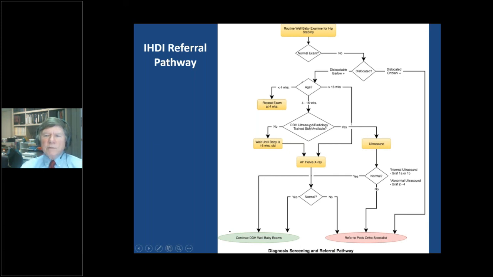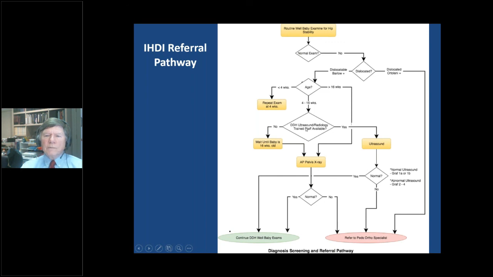So 4 to 16 weeks, an unstable hip, you get an ultrasound over here. If the ultrasound's normal, then yes, normal ultrasound, then you continue well baby exam. If you get the ultrasound and it's abnormal, then you refer to peds ortho.